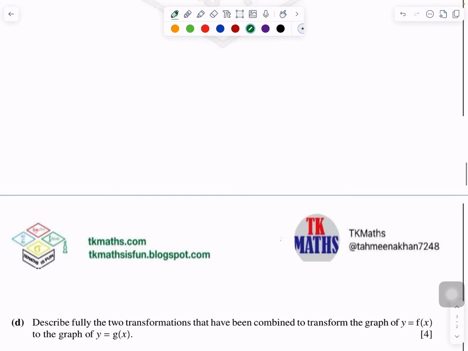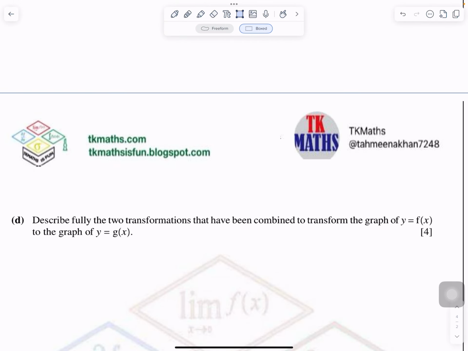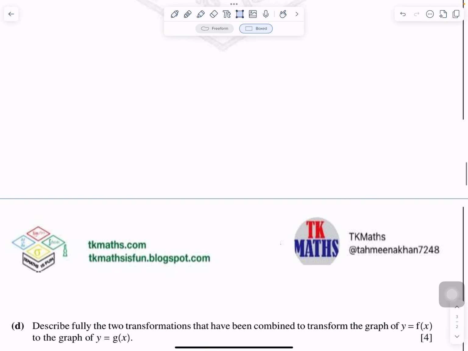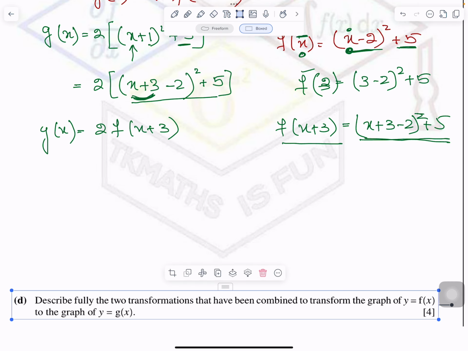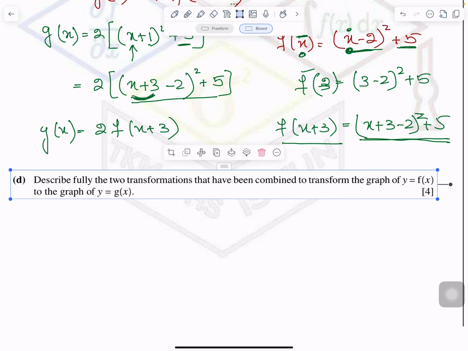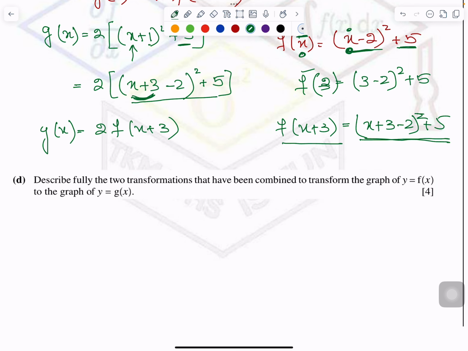Last part of the question, let me bring it up. Actually earlier I thought I will take more space, but it is not taking much space. Okay, now they are merging the concept of function with transformation. Describe fully the two transformations. So you have to describe two transformations.